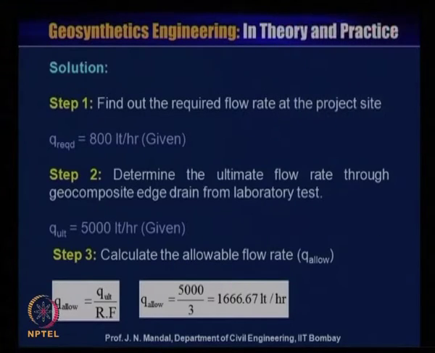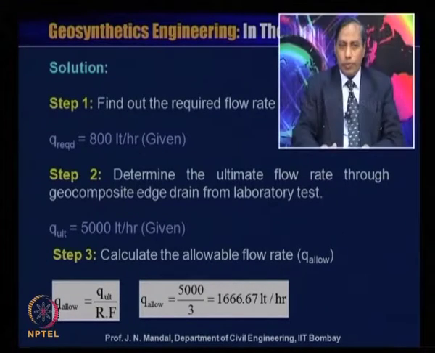It is a very simple solution. Step 1, find out the required flow rate at the project site. Q required is 800 liters per hour, it is given. Step 2, determine the ultimate flow rate through the geocomposite edge drain from the laboratory test, that is Q ultimate is equal to 5000 liters per hour, also given.